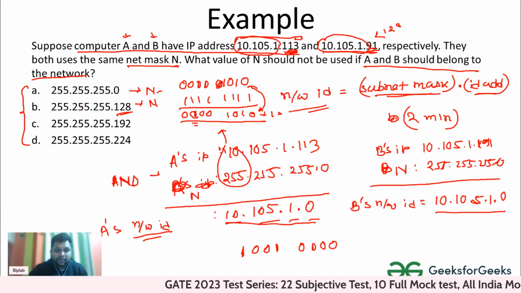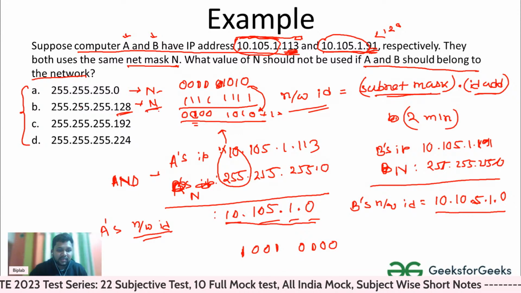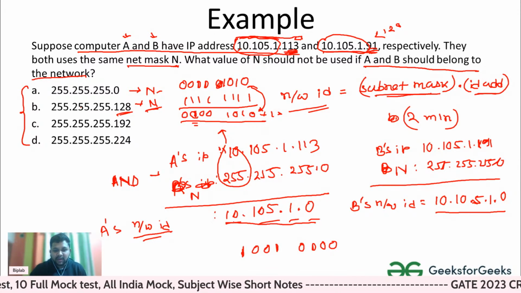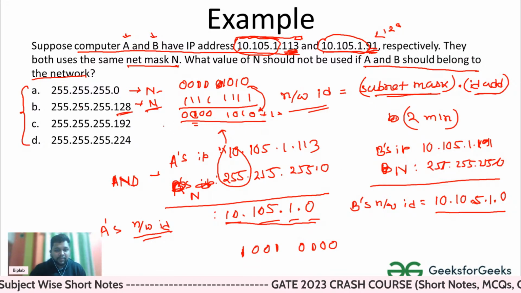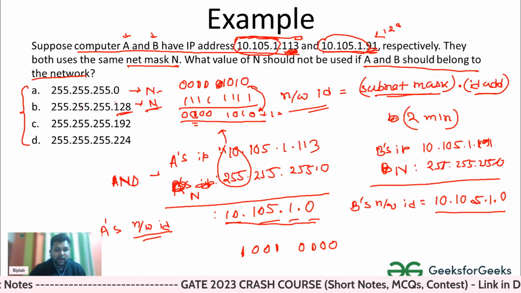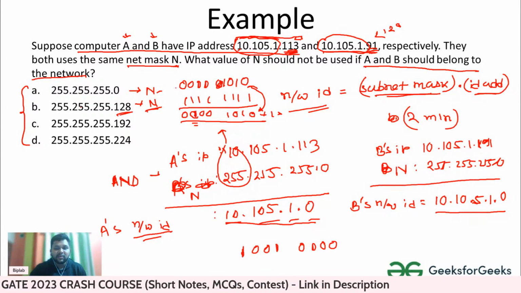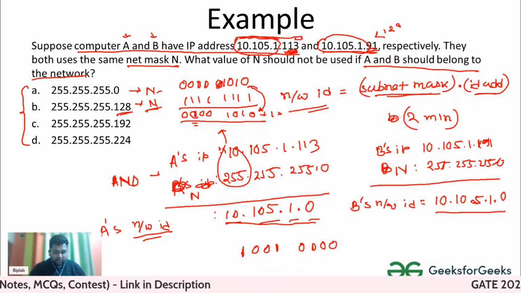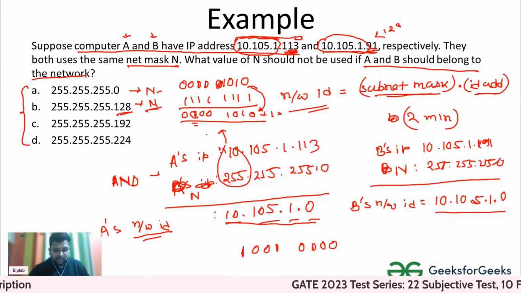So if you perform the AND operation of this IP address with this subnet mask, you will have the same result, 10.105.1.0, because where the bit is active here, that is 1, at that time it has 0, and when the mask has all 0, at that time it can have 1 or 0, anything. So you can do this AND operation directly, you don't have to do all these things.